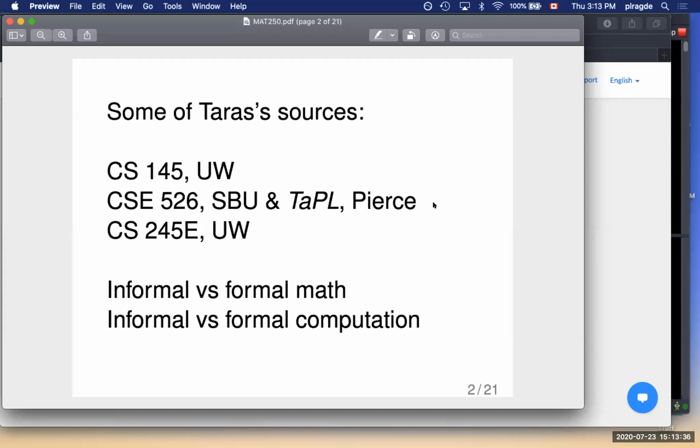So CS245 is a course at Waterloo that is called Logic and Computation. There's a course similar to it in math at Stony Brook, Math 371, which is logic, but it doesn't have the computation part. In the Stony Brook course, they talk about Gödel's incompleteness theorem and things of that nature.